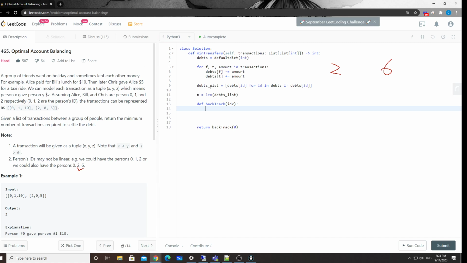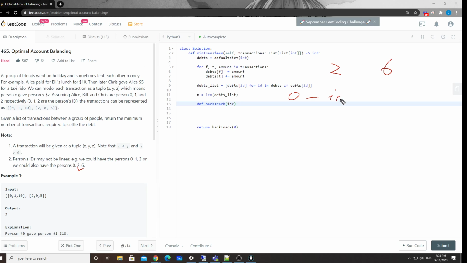One thing to remember here is that every time we are at an index, we are assuming that from 0 to index minus 1 are all settled.